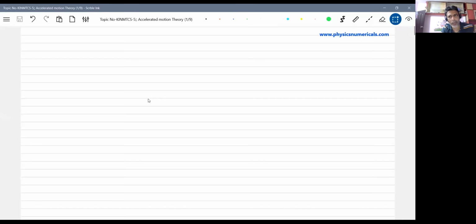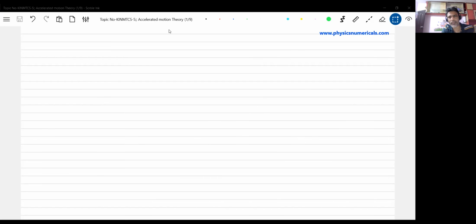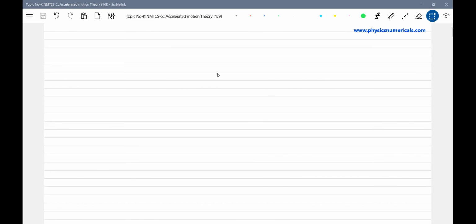So as in the previous classes, we had a discussion on the uniform velocity motion. What happens if the velocity of a particle changes? In general, if you look at the velocity, what actually is velocity?